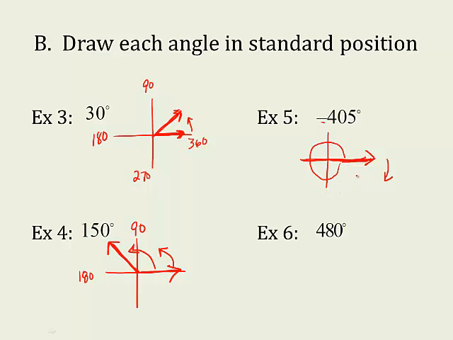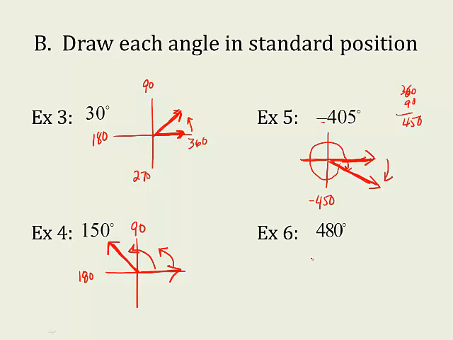And then if I go another 90 degrees, let's see, 360 and 90 would give me 450. So this would be a negative 450 if I kept going. All right, I don't want to go that far. I just want to go to negative 405. So that would be just right in here. So my angle has looped around a whole one and a little bit more. So it's a negative 405 degrees.